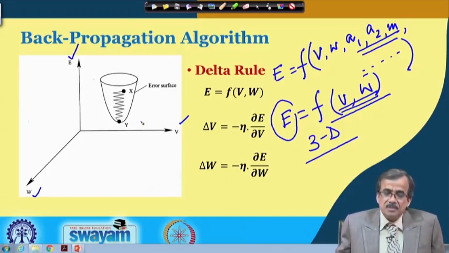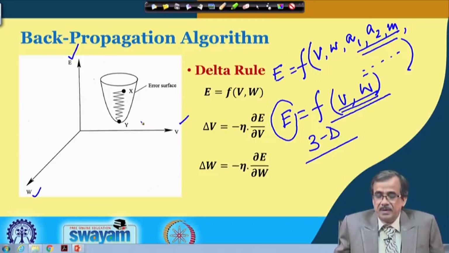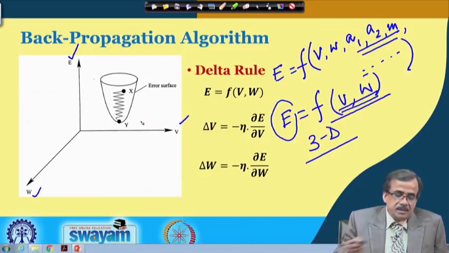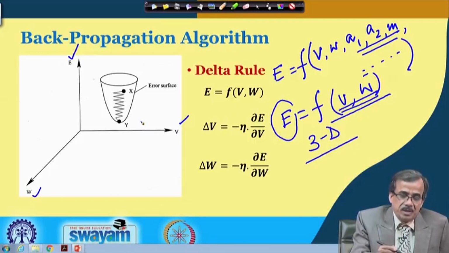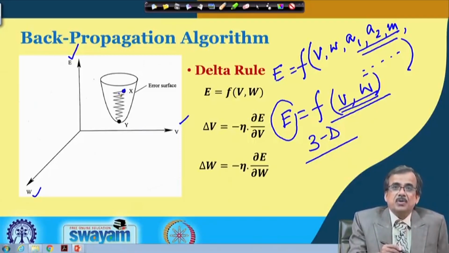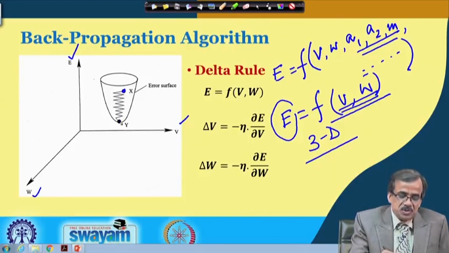Now, as I told, we start with random values for V and W, and suppose that initially the error of the network is here. What is our aim? Our aim is to reach the minimum value of error, which is here.